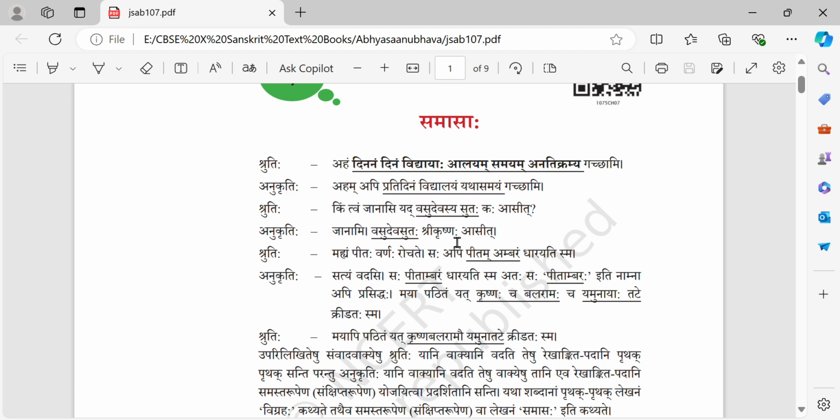So pratidinam, vidyalayam, yatha samayam are called the samasa words. Dinam dinam, vidyayaha alayam, samayam anatikramya are called vigraha vakyas, which means the samasa is split or expounded into vigraha vakya.